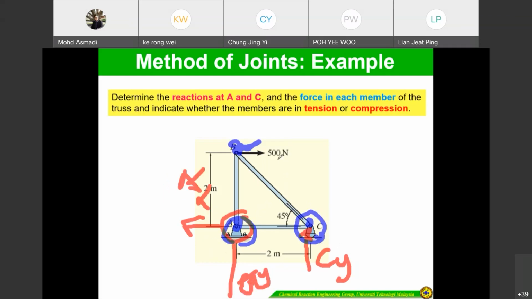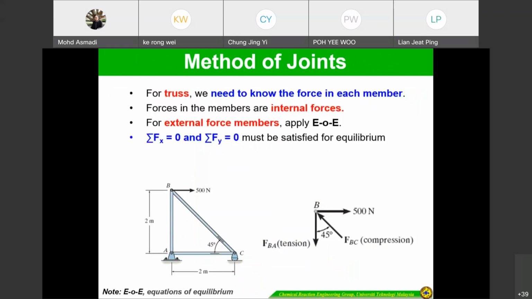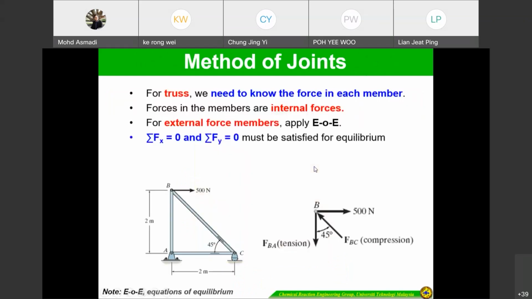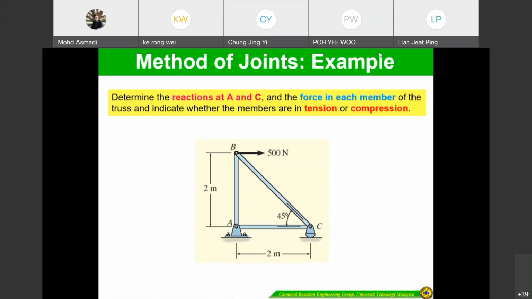Since you have to do the free body diagram first, this is a free body diagram. I would suggest you do the whole free body diagram rather than joint by joint first. Joint by joint is also possible. Let me check my PowerPoint slide.